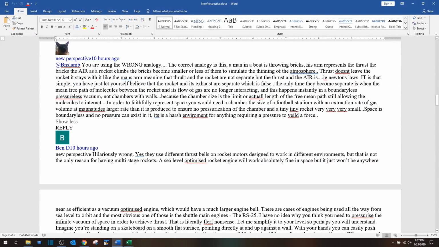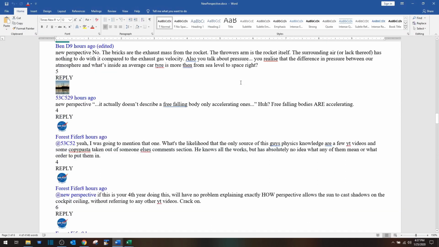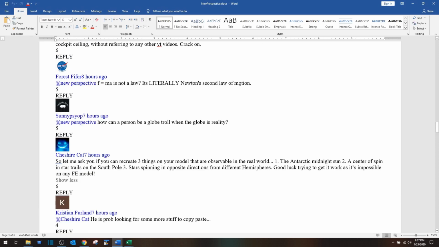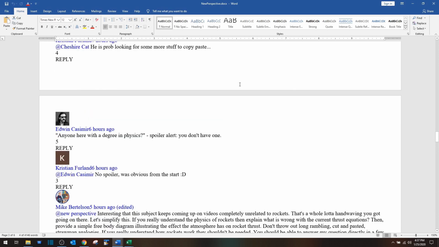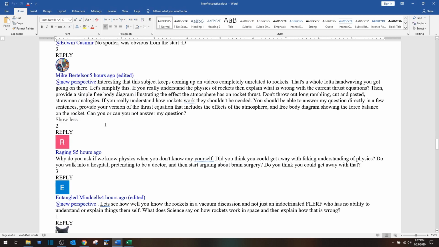And he goes on to say something in particular about thrust. He talks about rockets. And basically he says that rockets can't work in a vacuum. Says Newton's third law does not work in a vacuum, which is kind of interesting to say, because it's either a scientific law that works or it doesn't work.